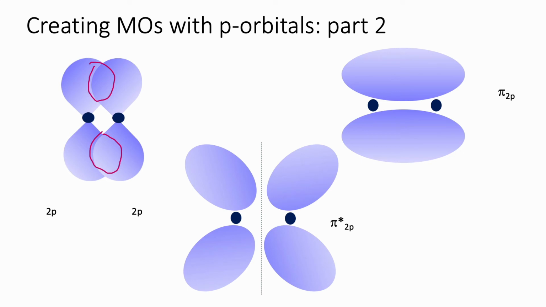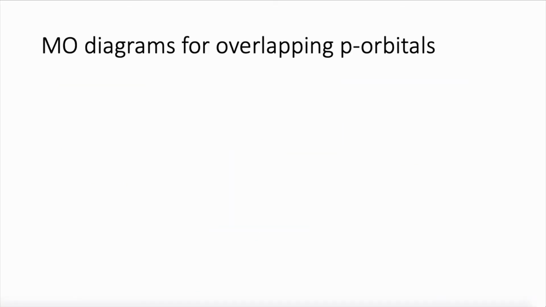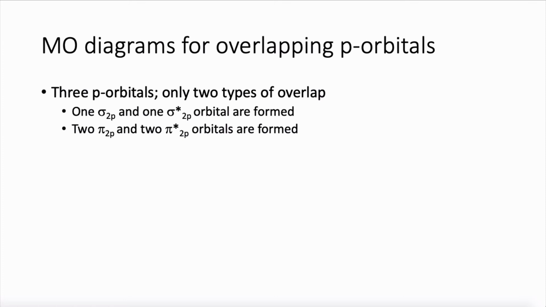So again, these are pi orbitals. You can see they're not rotationally symmetrical around the line between the two nuclei. And so these have pi symmetry. There's basically a plane of symmetry that cuts between the two nuclei, and the molecular orbitals are symmetrical across that plane. So when we make a molecular orbital diagram that includes p orbitals, even though we have 3 orbitals, there are only 2 types of overlap.